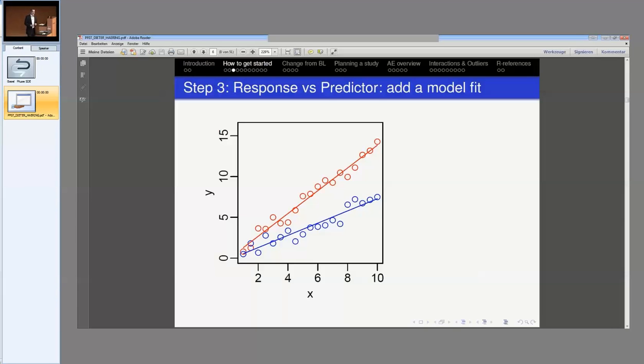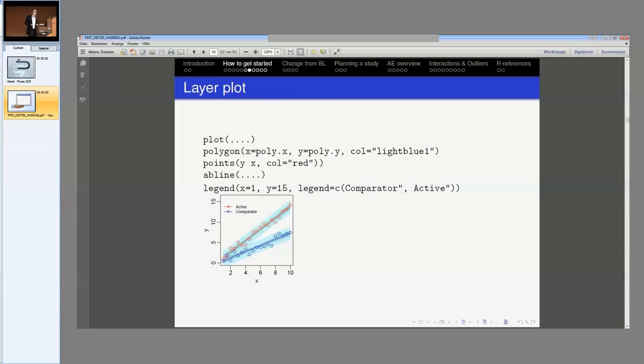For example, a line from a model that is on top of these dots, or maybe a confidence interval, and now that confidence interval is underneath the different dots, and underneath the line. And maybe we want to have prediction limits, and again, they are now under the confidence intervals, the dots are on top, and the model fit is on top of that. So we want to have good control of which plotting element comes in which order.